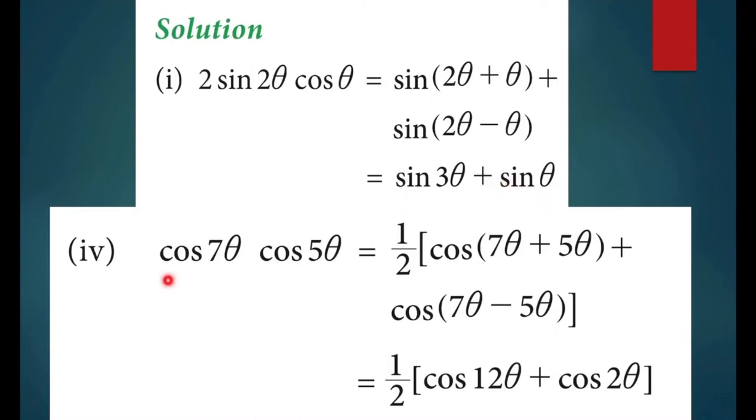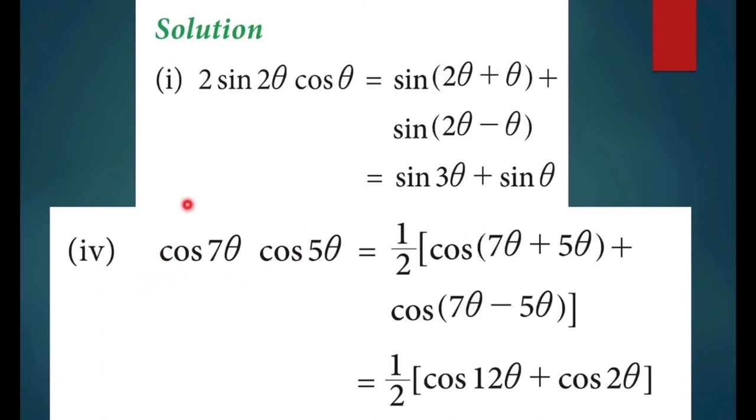Now, the fourth one, cos 7 theta cos 5 theta. Here both are cos. Okay. Also note that 2 is not here. It would be similar to 2 cos 7 theta cos 5 theta, but here 2 is not there.